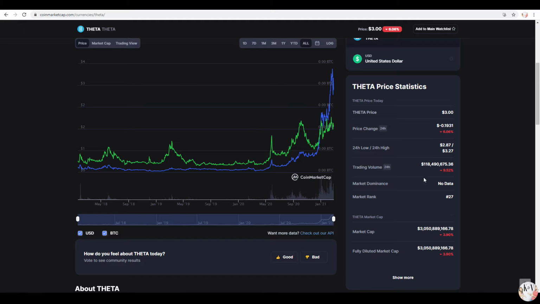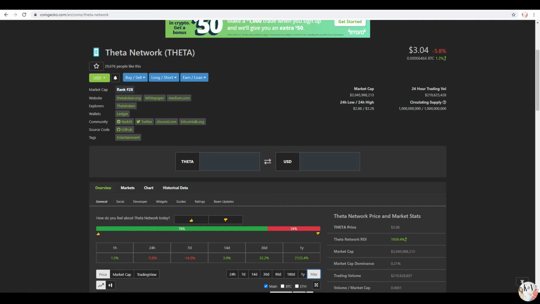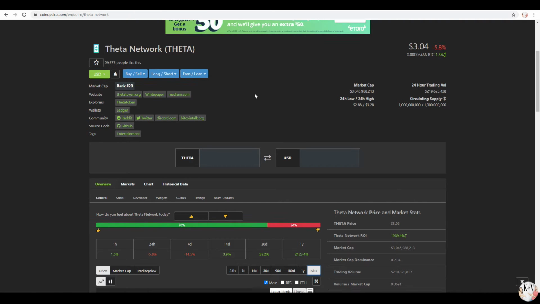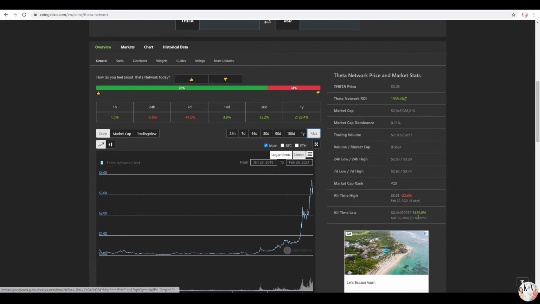It's number 27 on the ranking, and we will check here in CoinGecko to double check if the information is the same. You see that here the numbers are a little bit different. Here they say the ranking is number 28. Good enough for me.